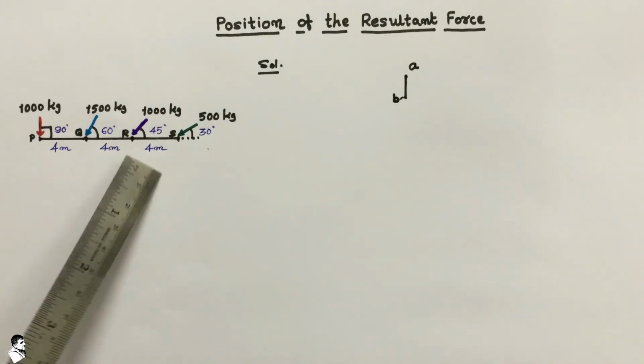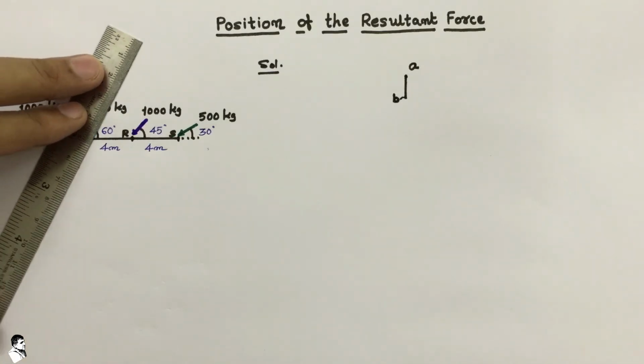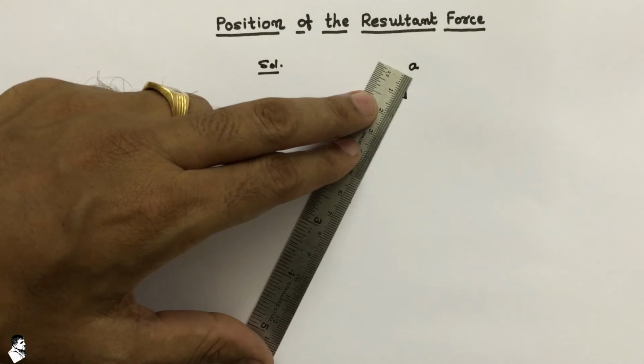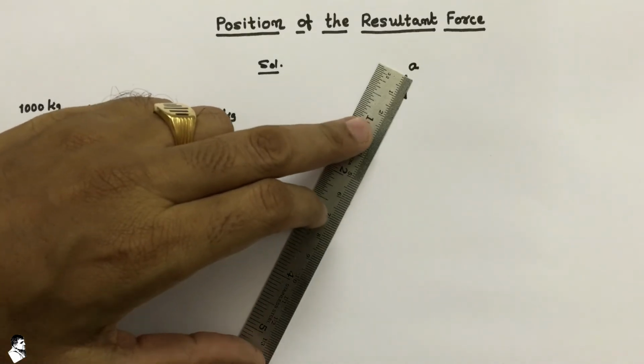Now, maintaining the direction and magnitude of all the given forces, we plot each line with the appropriate scale.